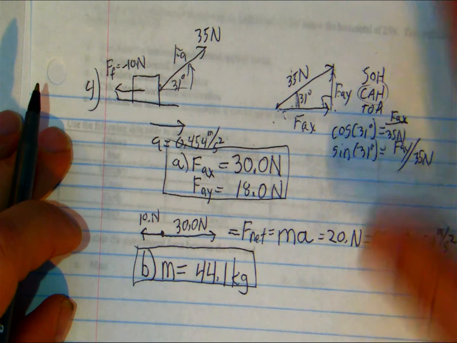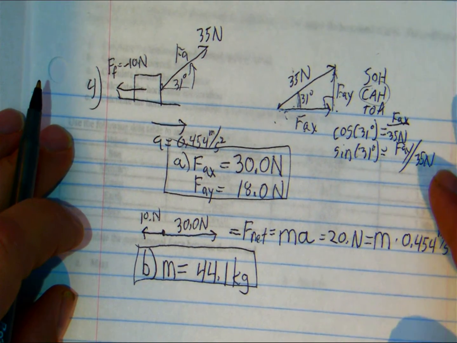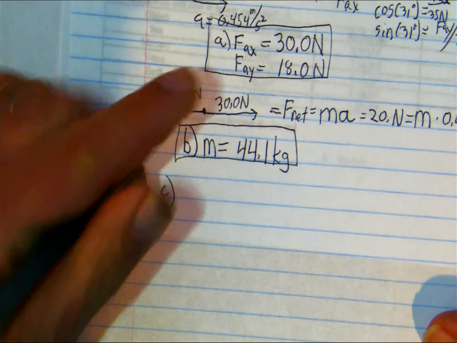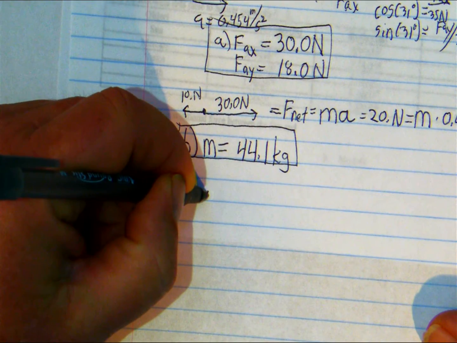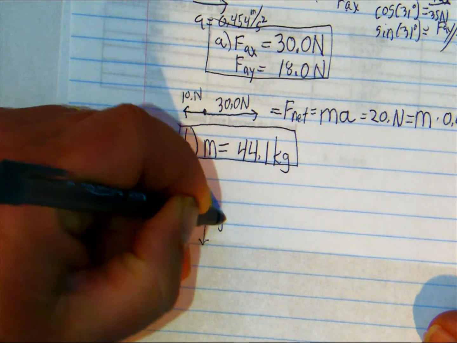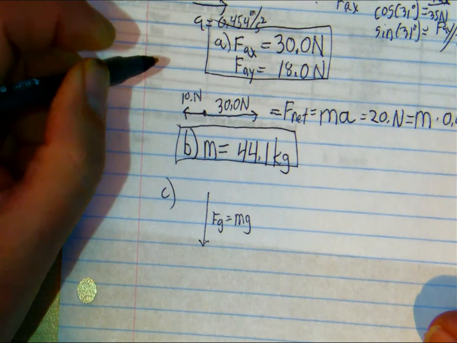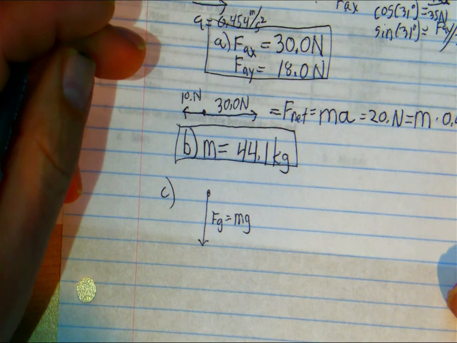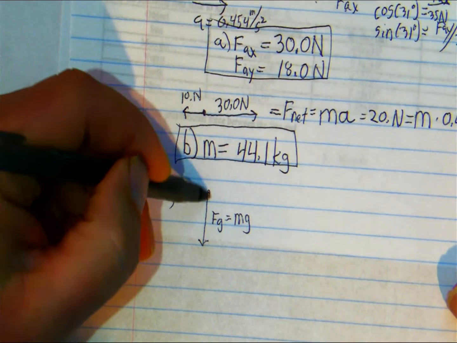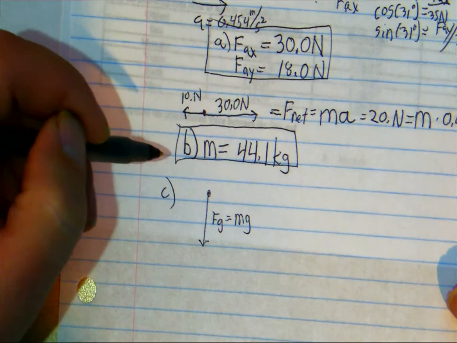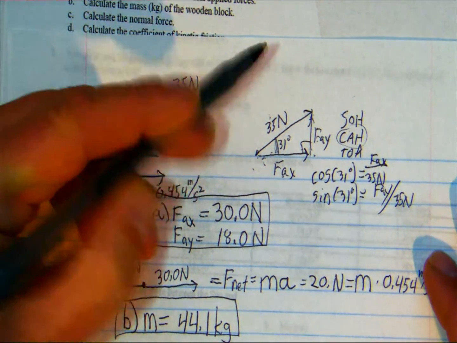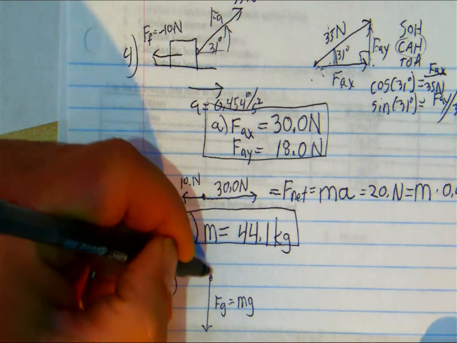Part C, calculate the normal force. All right, so to answer that one, of course, we can now calculate the force of gravity, which is equal to the weight of the object. In previous problems, there were no vertical forces other than the normal force, so the normal force was equal to the weight. But in this problem, there is an upward component to the applied force in an amount of 18 newtons.